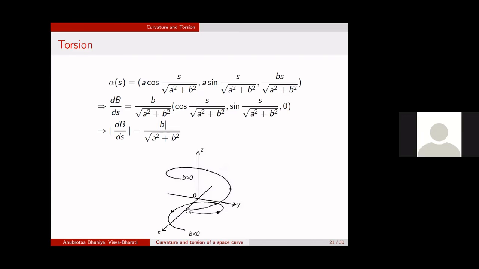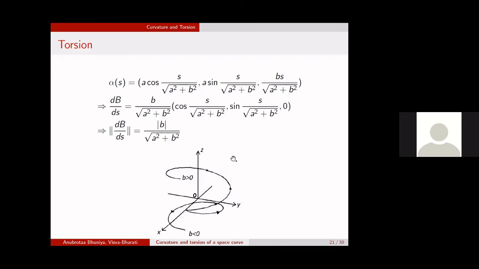But see, if we take b greater than 0, then this is the curve we are getting. And if we take b less than 0, this is the curve we are getting. Now these two curves are not the same. We can't, through any rigid motion, make these two curves the same. But we are getting the torsion the same.